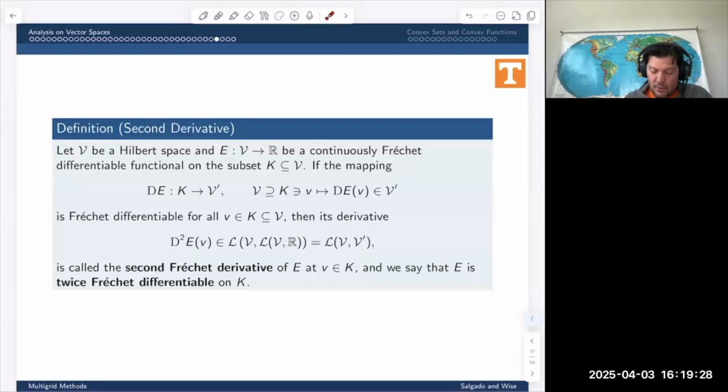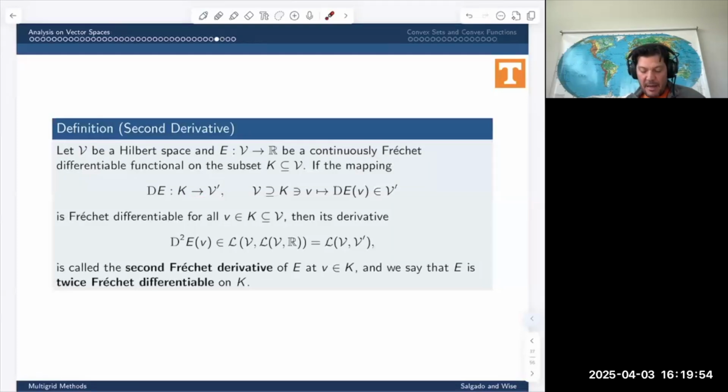Now we can ask the question, or actually, I got that wrong. For each point in K, we get mapped into something in V prime, which is a linear operator. In fact, it's in the dual space of V. But this mapping here doesn't have to be linear.